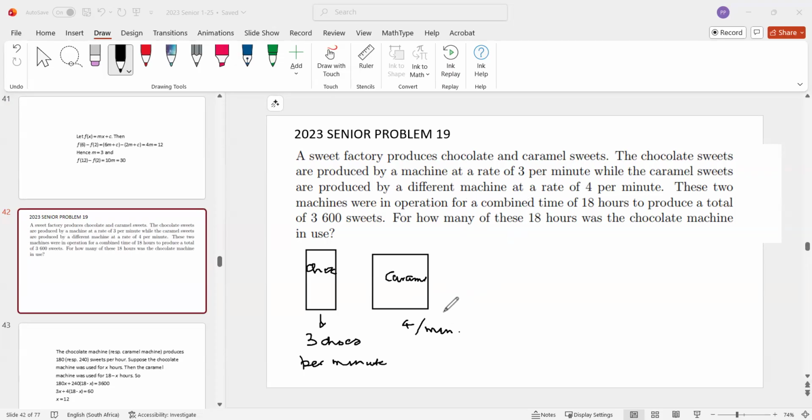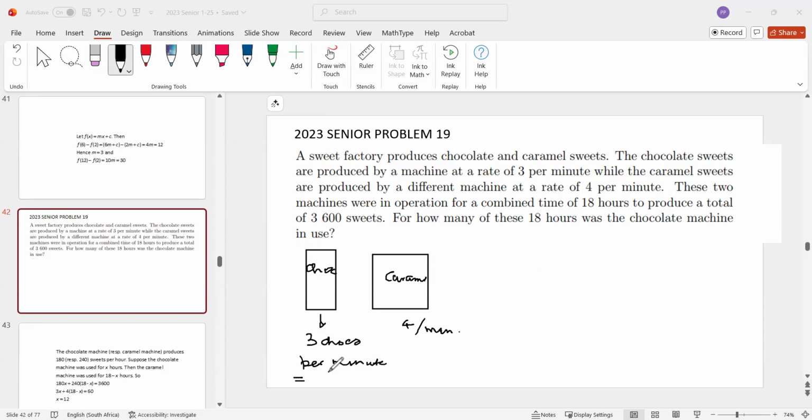And these two machines, rather, were in operation for a combined time of 18 hours. So now it's moved to hours. Okay. So we can see 3 chocs per minute. Let's convert that to hours. In 1 minute, it's 3 chocolates.